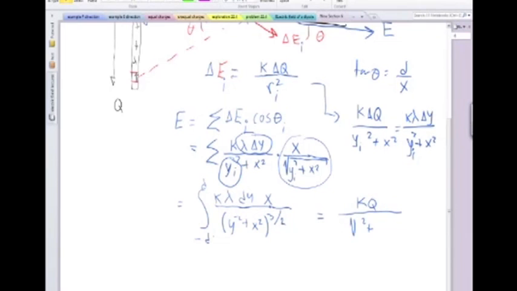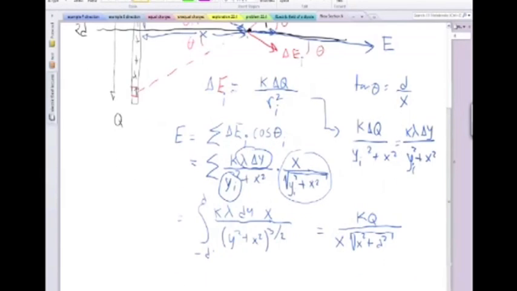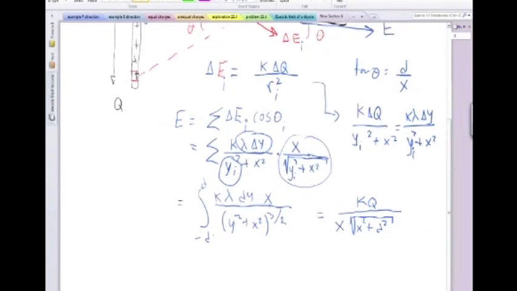So that final expression is going to have x over x squared plus d squared, with a square root. The book calls it d, I call it x here. It should be correct. All right, so this is the electric field of a finite line of charge.